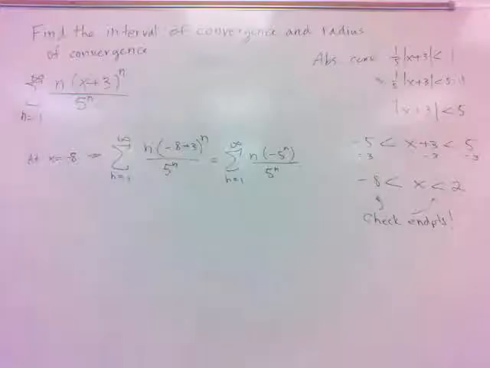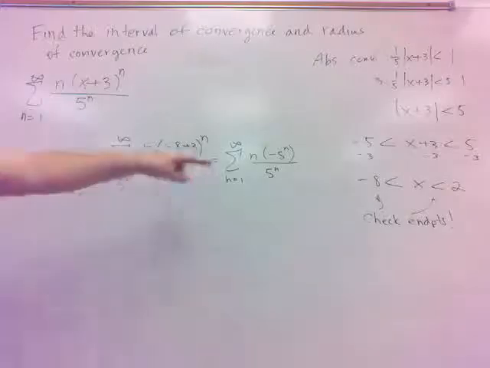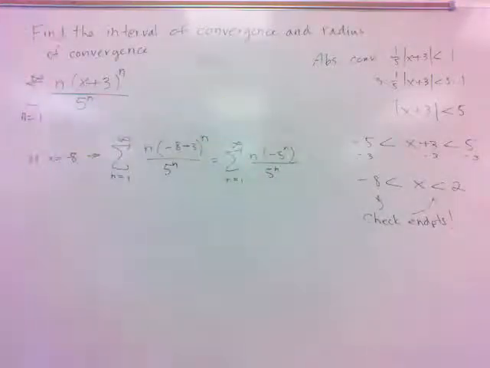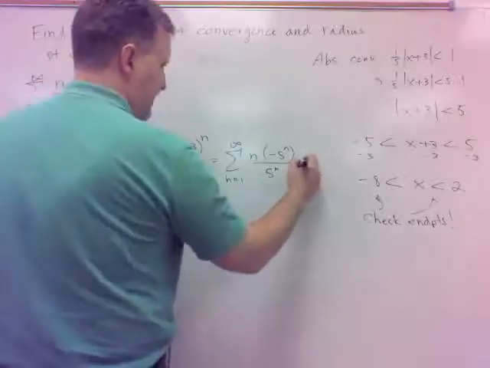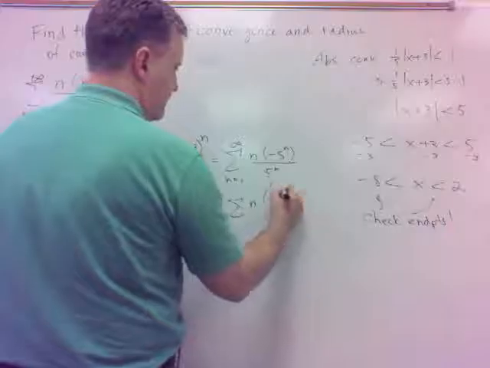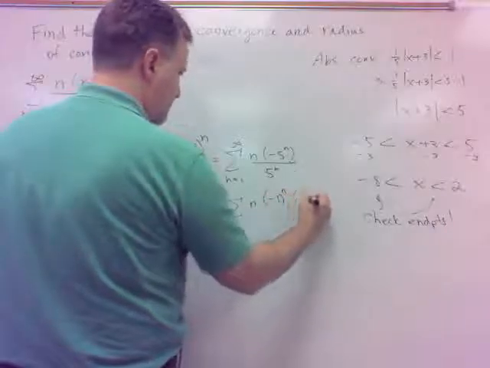Well, obviously I've got some canceling there. However, it's 5 to the n and negative 5 to the n, so what does that come out to be? Yeah, we can split that up: n times (negative 1) to the n times 5 to the n.